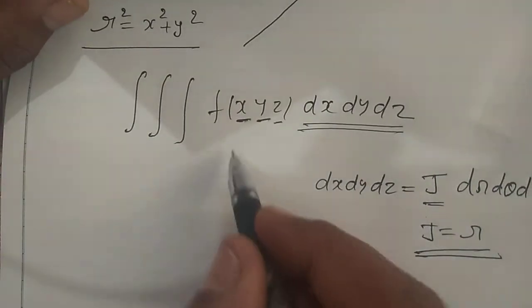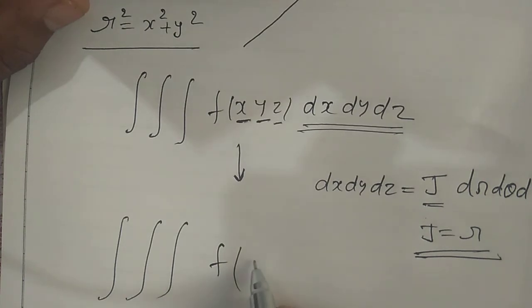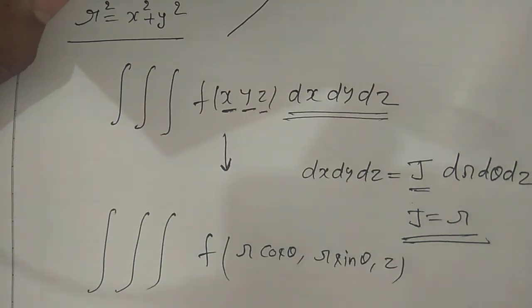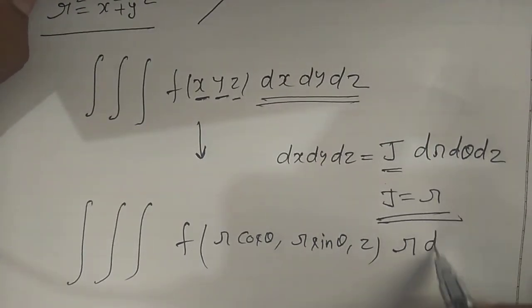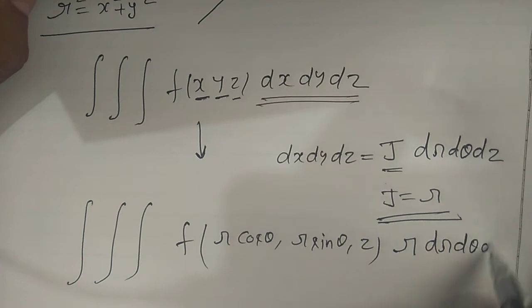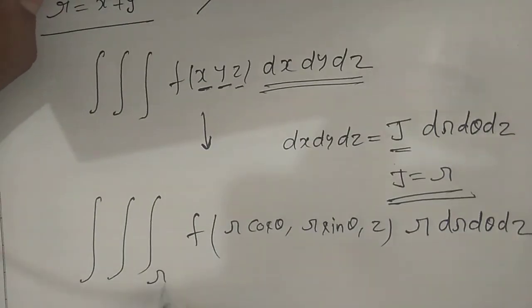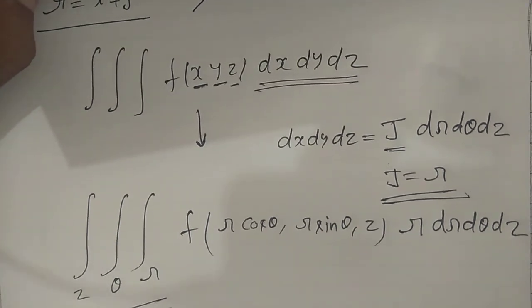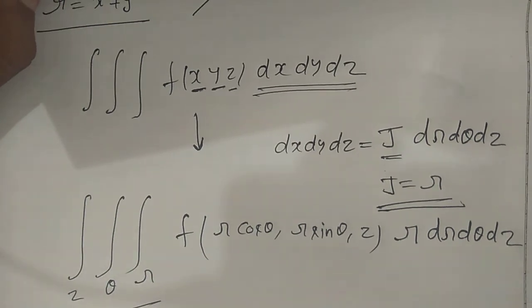So the triple integration becomes f(r cos theta, r sin theta, z) into r dr d theta dz, and here we'll have the r limit, the theta limit and the z limit. These limits we'll find based on the problem. So this is your transformation from Cartesian to cylindrical coordinates.